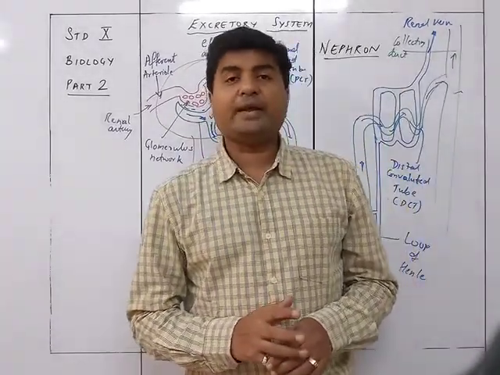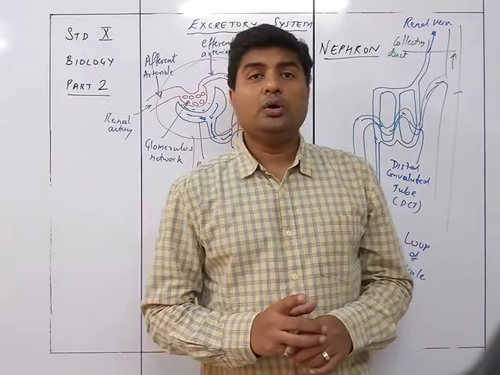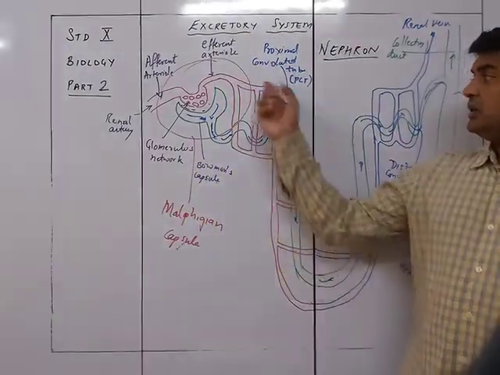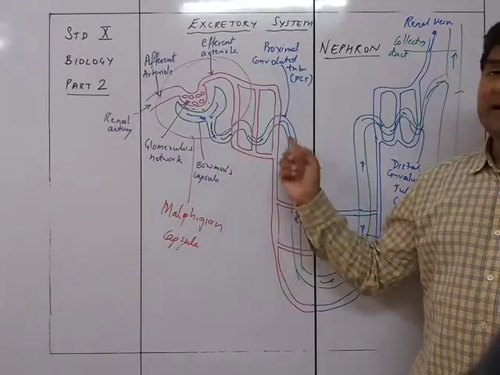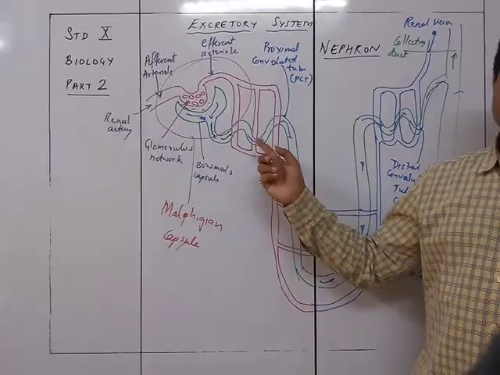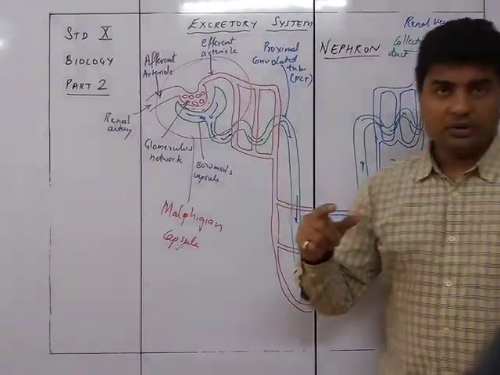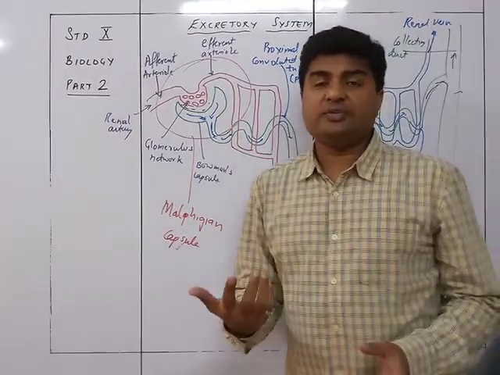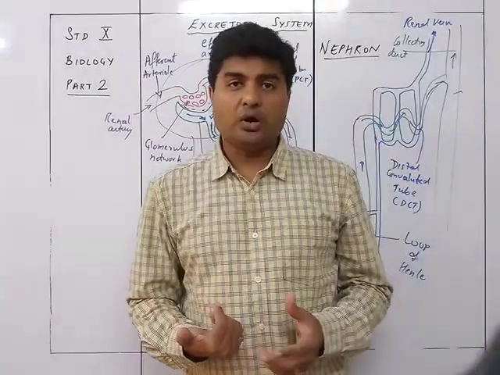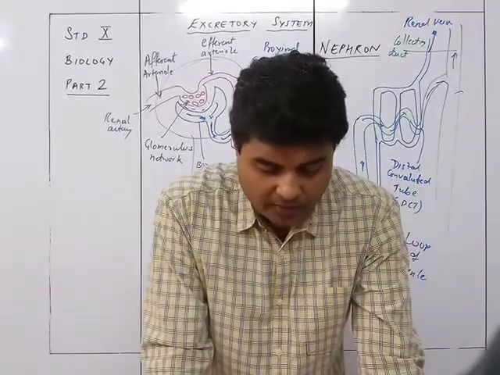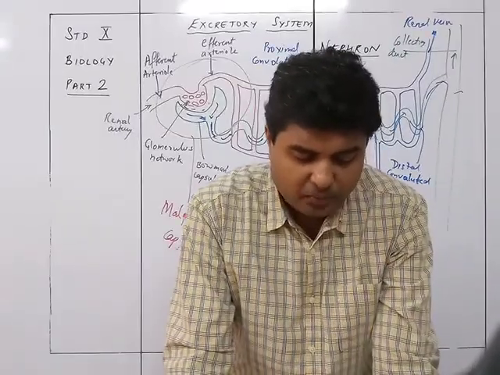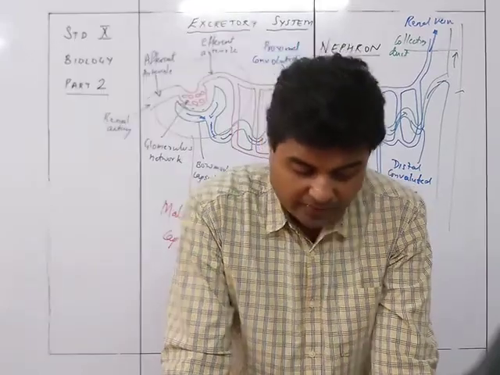Now this antidiuretic hormone supervises the amount of water which needs to be retained in the blood. The concentration of urine by water reabsorption is controlled by antidiuretic hormone.